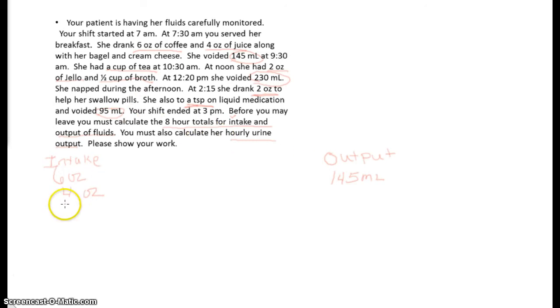And then she had 1 cup of tea. And she had 2 ounces of Jell-O. She had a half cup of broth. I'm going to record that as a 0.5 so that I have ease for doing the math. I have another voiding here of 230.